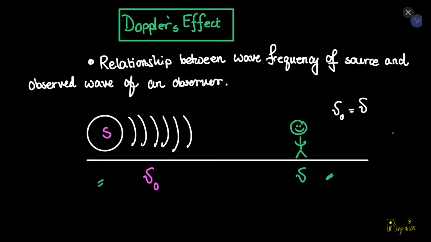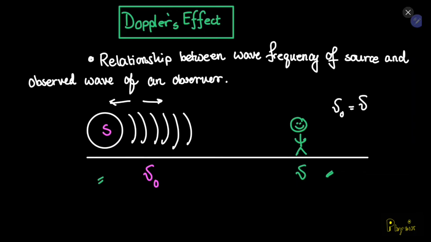But what would be the case if the source is moving towards or away from the observer? Well, the Doppler's effect tries to establish a relationship between the frequencies in such a case. Now, how would the case actually be?